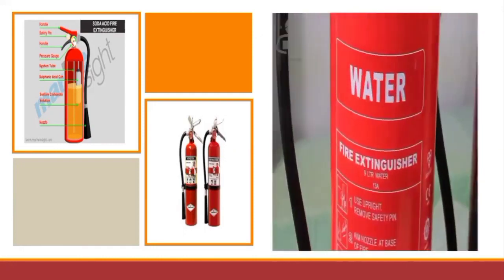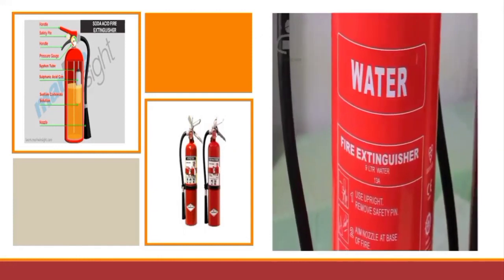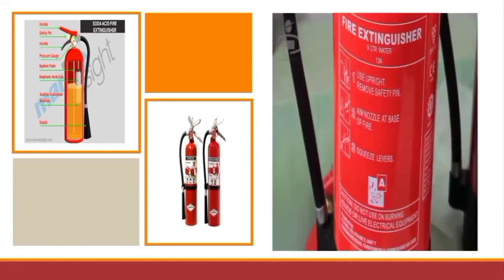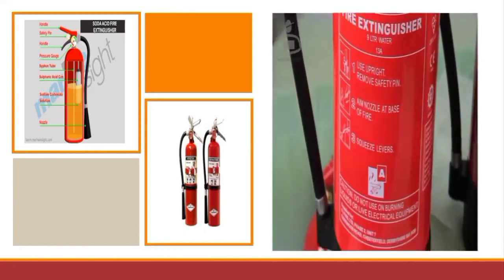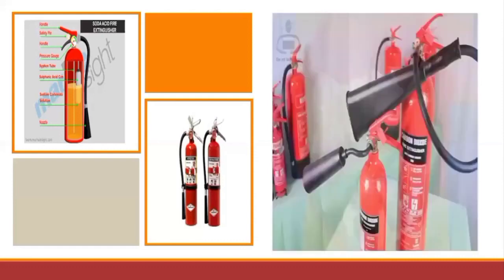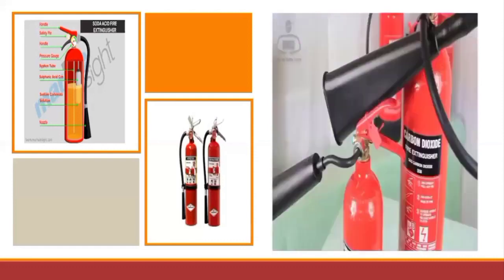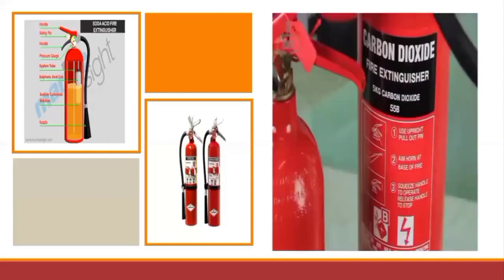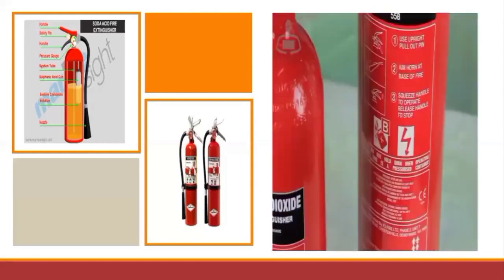As it was enumerated and mentioned in the table, it only emphasizes that not all fire extinguishers have the same uses, but instead it depends on what classes of fire you are dealing with, because they have different contents. Okay.